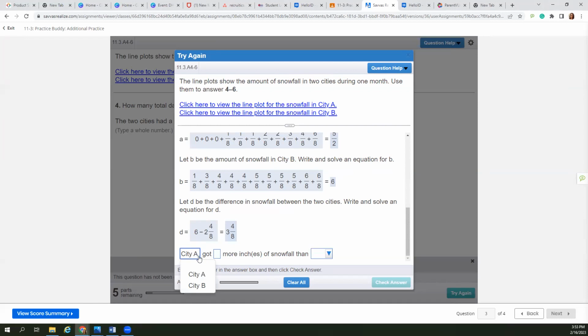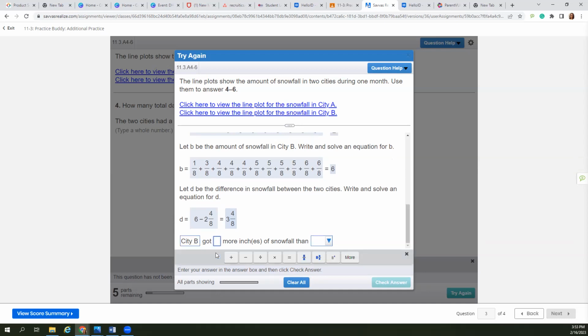Oh, 5 divided by 2. So 6 is larger. That's how much city B got more snowfall than city A, and the amount is the 3 and 4/8. City B got 3 4/8 more inches of snowfall.